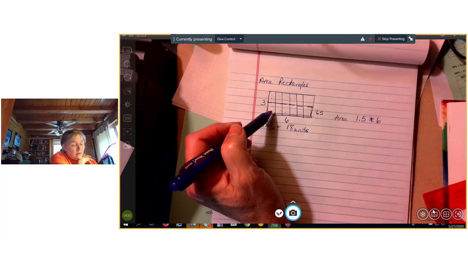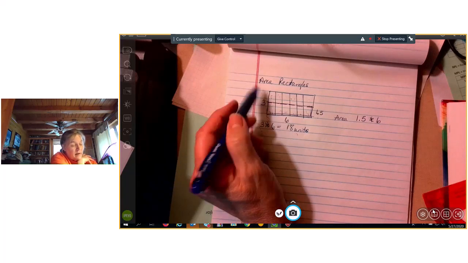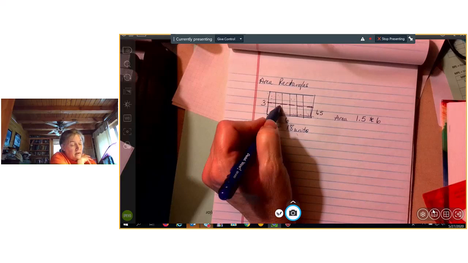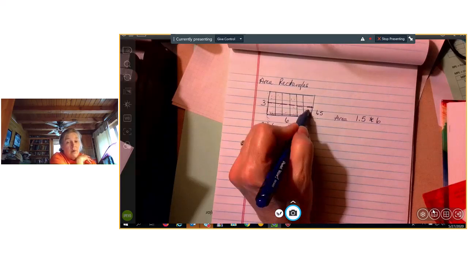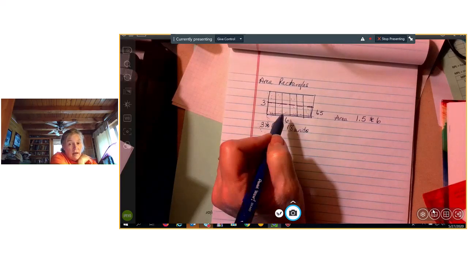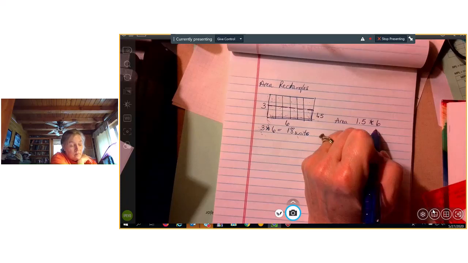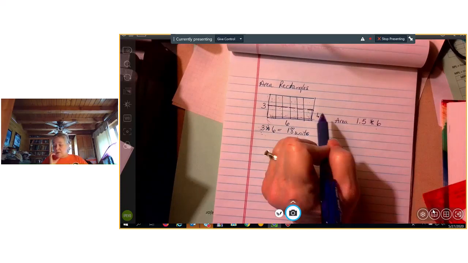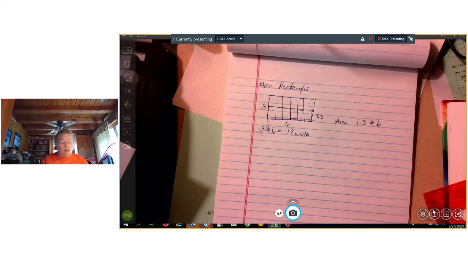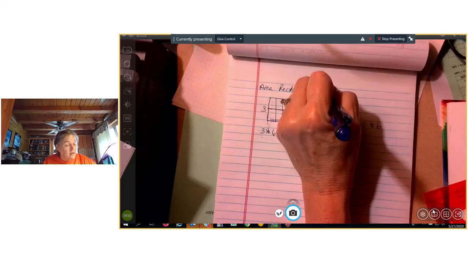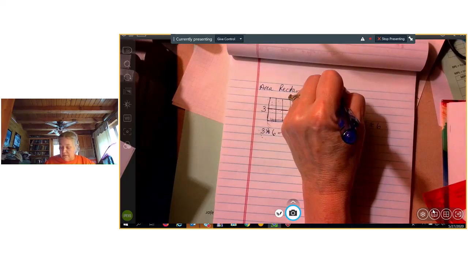I got 1, 2, 3, 4, 5, 6 whole ones. Well, this half and this half make 7, 8, 9. So when I multiply, I should come up with 9. So depending on what the units are and how it's divided, area of the rectangles is always denoted by length times width.